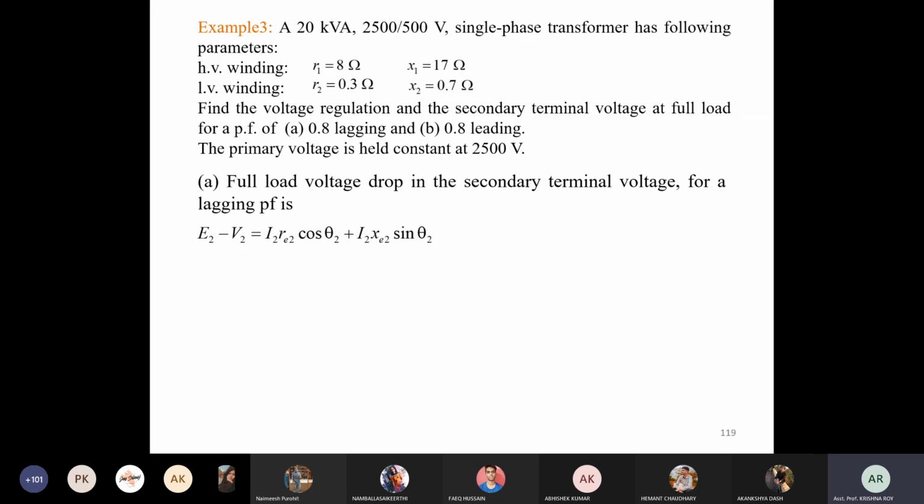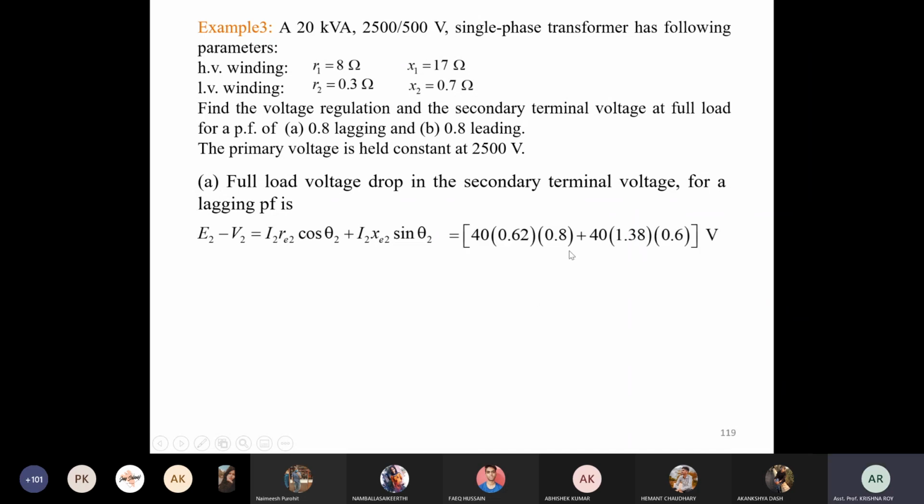So cos theta 2 is given, from that calculate sin theta 2. I2 we have calculated 40 ampere, RE2 we have calculated, XE2 we have calculated. So calculate sin theta 2 and put all the values. So sin theta 2 is equal to 0.6.